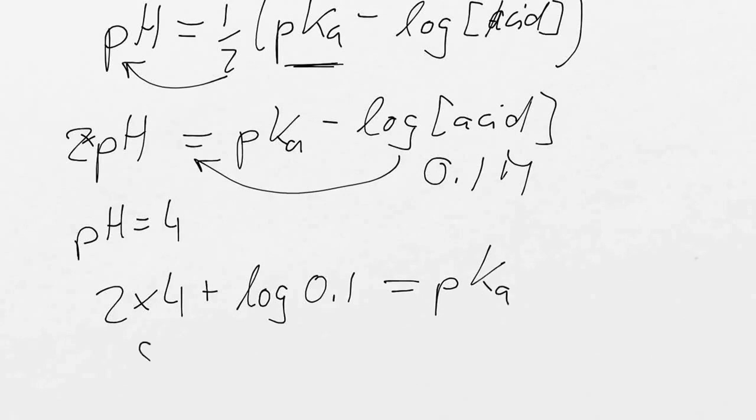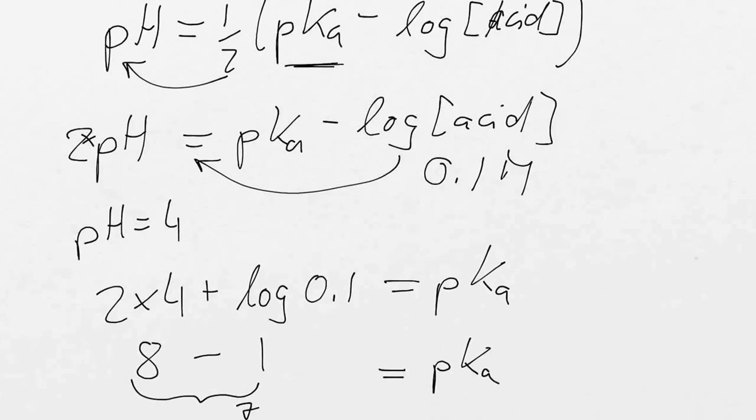So that's 8 minus 1, that's 7. So my pKa is 7. Actually, pKa of 7, does that remind you of anything? Could be water, right? Could be water. This unknown acid.